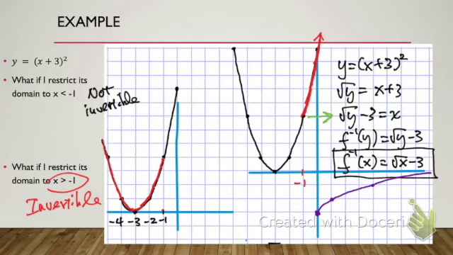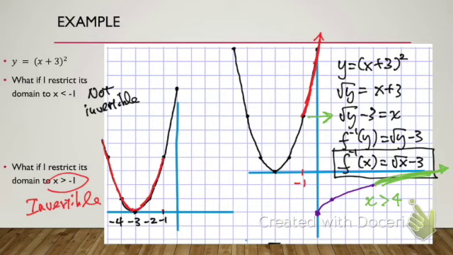Because of the original domain restriction, we need to do the same thing with the inverse function. Since the original domain restriction is x greater than negative 1, after inverting it, we're only looking at this green portion. Again, this goes to infinity. So x in this case has to be greater than 4, for the inverse function to go hand in hand.